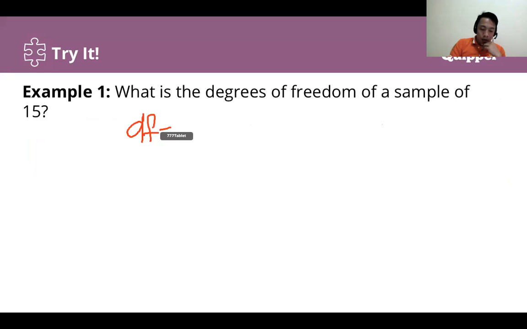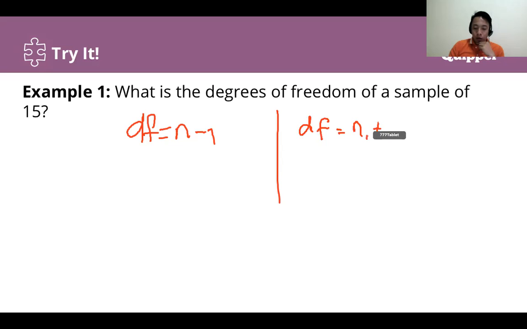Df equals n minus 1, correct? But if we have two or more, we have df equals n1 plus n2 minus 2. So here, on the first example, we only have one sample size, which is 15. So we will use this one.